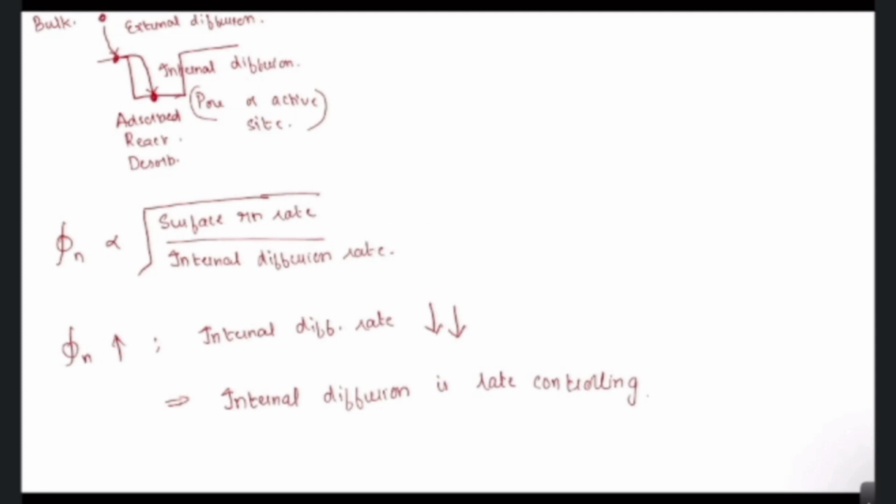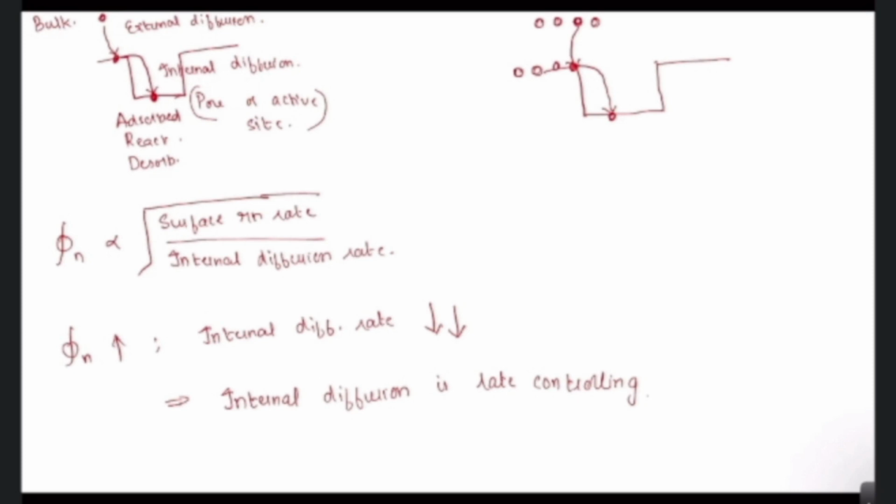Right. So here your particle externally diffuses to the surface. Let's say you have multiple particles. These particles will first diffuse to the external surface, and then from here they have to diffuse internally to the catalyst activation site.